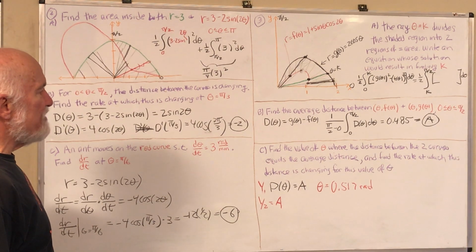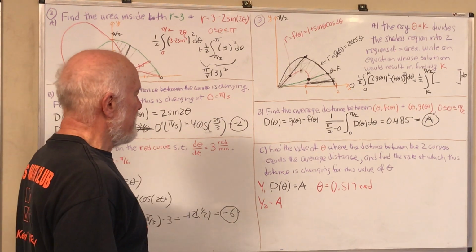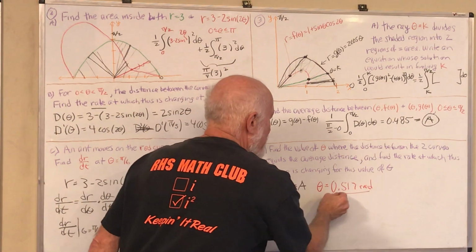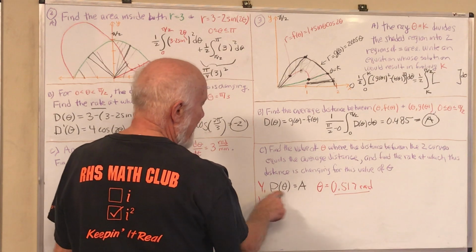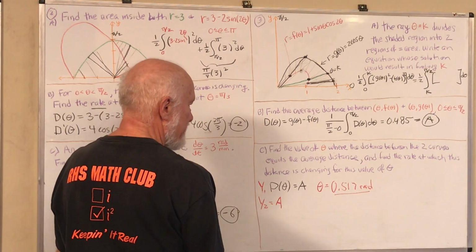Now, I want to find the rate at which that distance is changing for the value of theta that we just found. So what you can do, you've already got this in y1, you can just take the derivative of that.